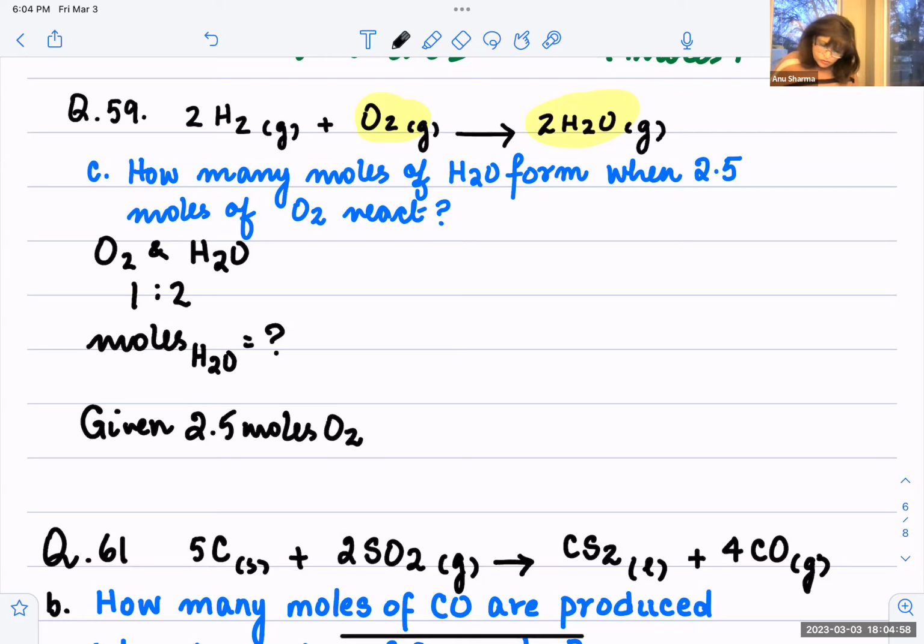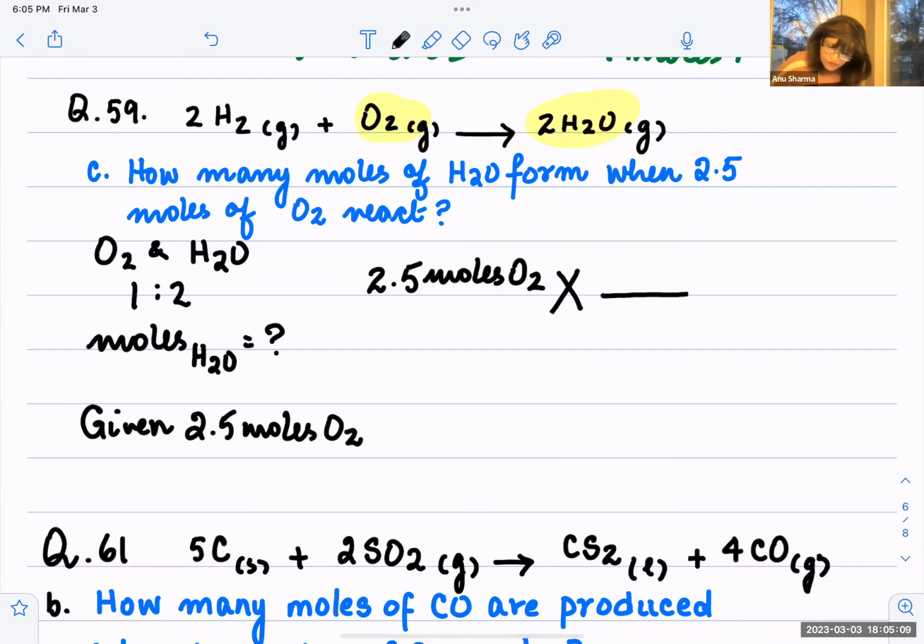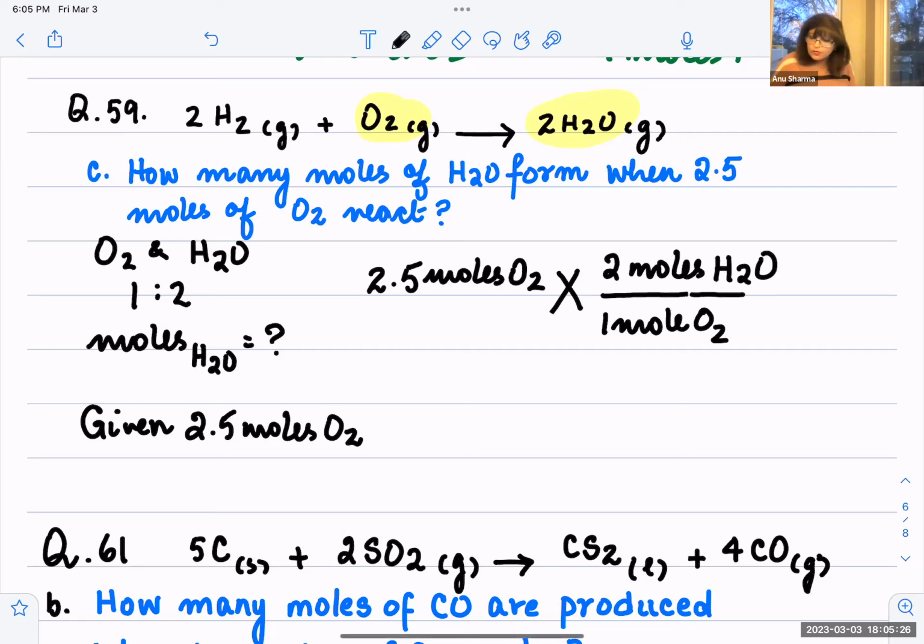So here you write down the given 2.5 moles of oxygen multiplied by a mole factor in which the moles of oxygen cancel out. We know that 1 mole of oxygen produces 2 moles of water. You need to find the moles of water, right?